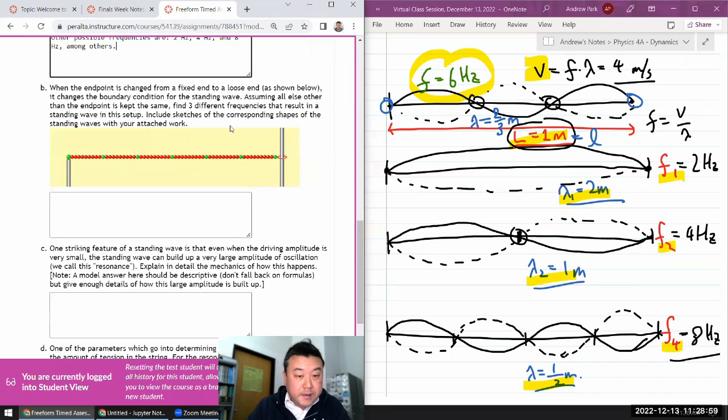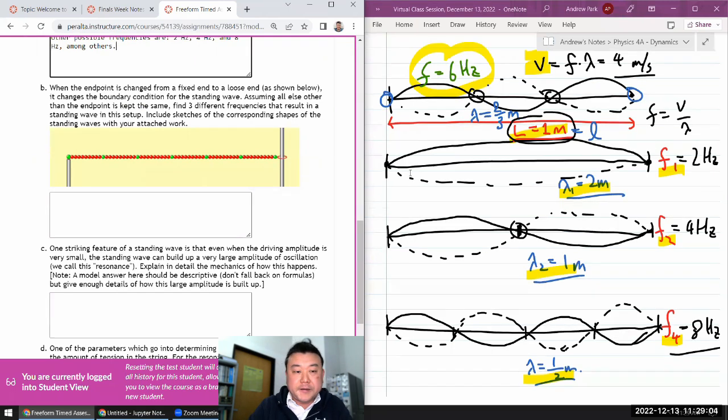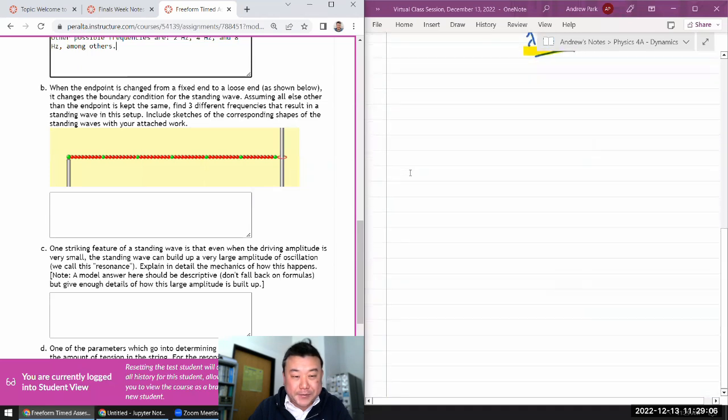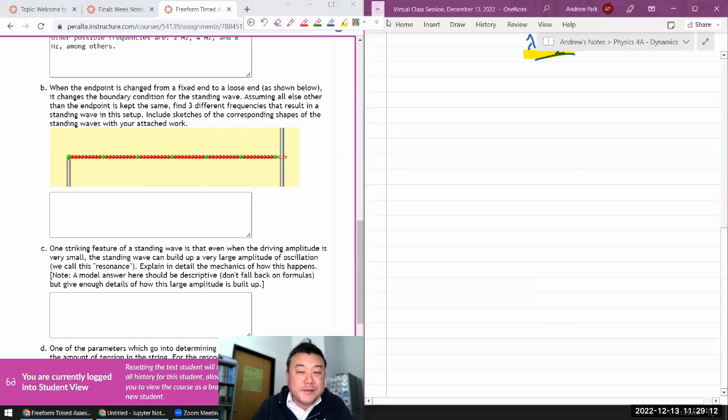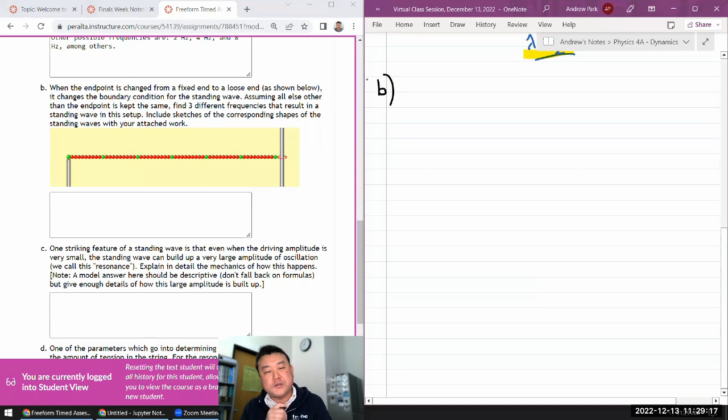Okay, so when the endpoint is changed from fixed to loose, it changes the boundary condition, right? So this is mostly a memory question. If you remember the things you did for our standing waves lab, this should be super easy.